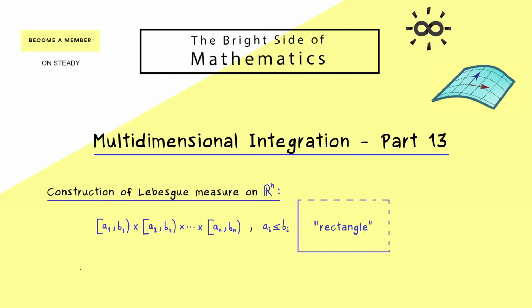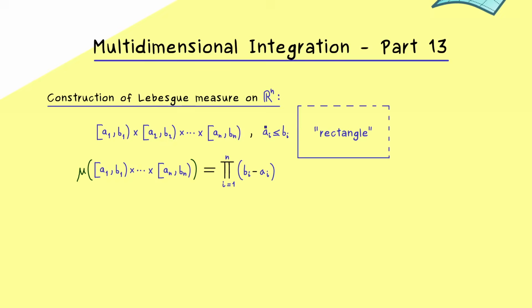Namely, if we call this generalized volume mu, then we know it should be given by multiplying all the lengths of the sides. So by using the product symbol, this formula gets quite short. We just have the product over bi minus ai. So this is the whole thing, and this is well defined for every rectangle in Rn.